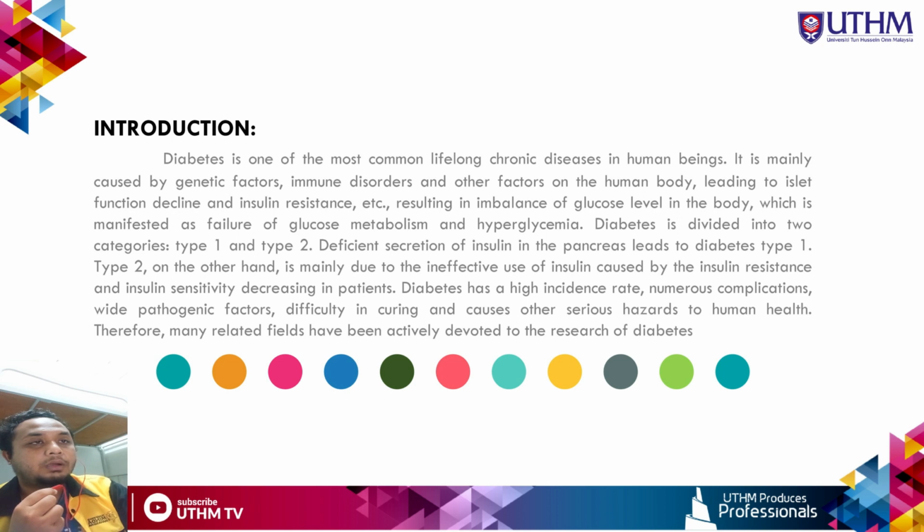Type 2 is mainly due to ineffective use of insulin caused by insulin resistance and decreased insulin sensitivity in the patient. Diabetes has a high incidence rate, numerous complications, and wide pathogenic factors, making it difficult to cure, and it causes other serious hazards to human health. Therefore, many related fields have been actively devoted to research on diabetes.